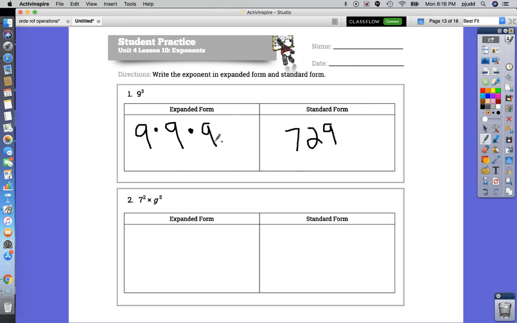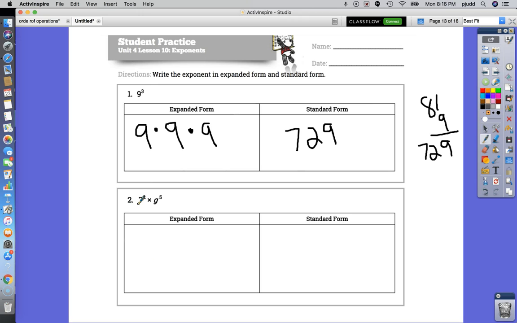Okay, if you need to fix anything, make the changes here. If you needed to come off to the side and do this, 81 times 9, I don't care. I care that you get the correct answer.